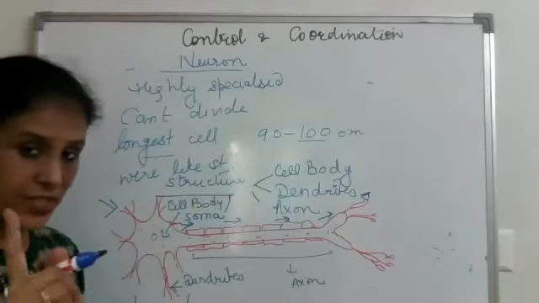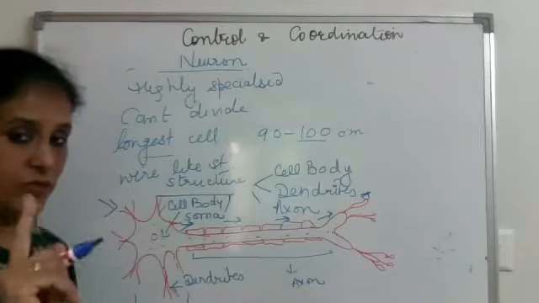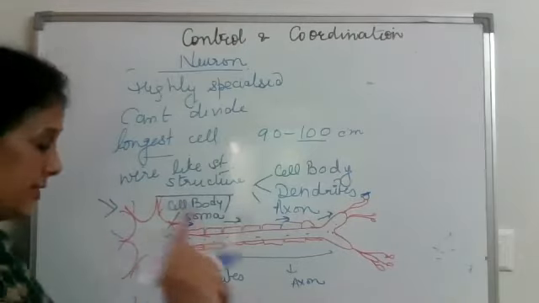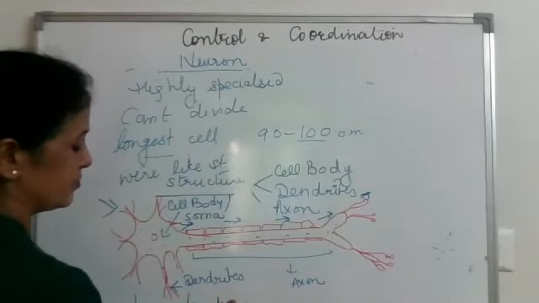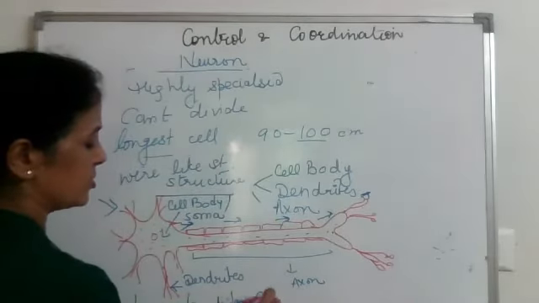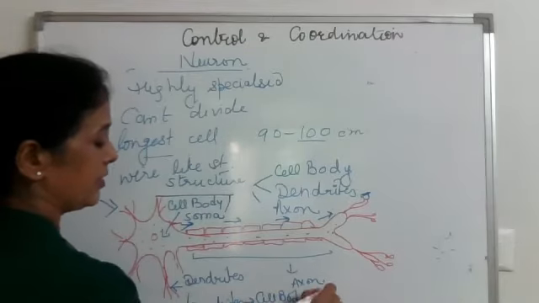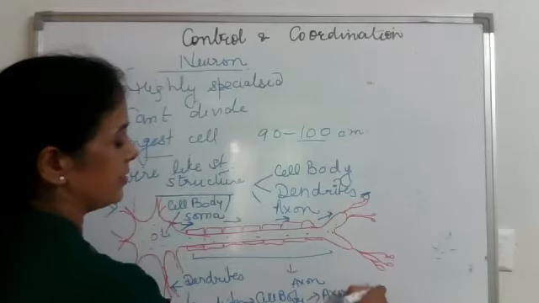So what is the direction of the flow of stimuli in the neuron? It is dendrites, then cell body, then axon, and then nerve ending.